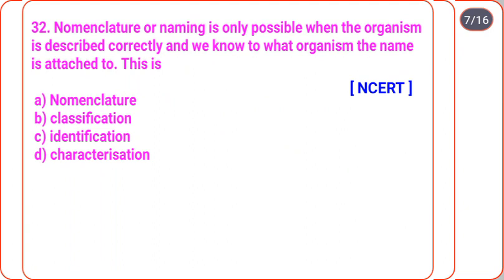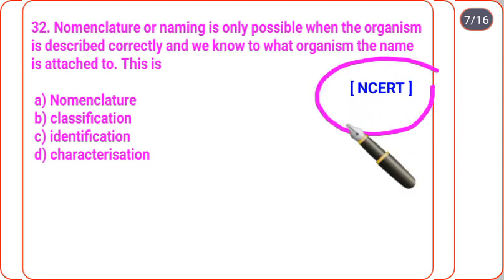Question number 32. Nomenclature or naming is only possible when the organism is described correctly and we know to what organism the name is attached to. It is quite a difficult or complex question from NCERT.